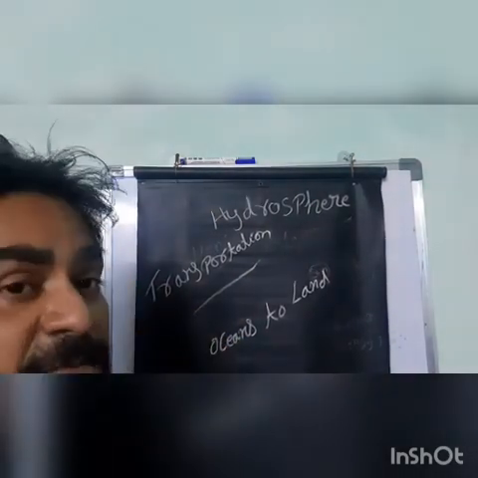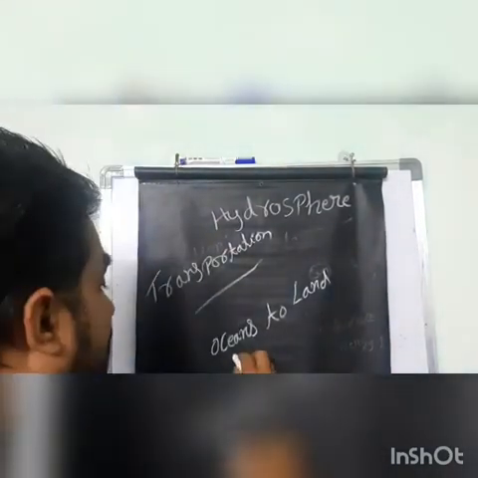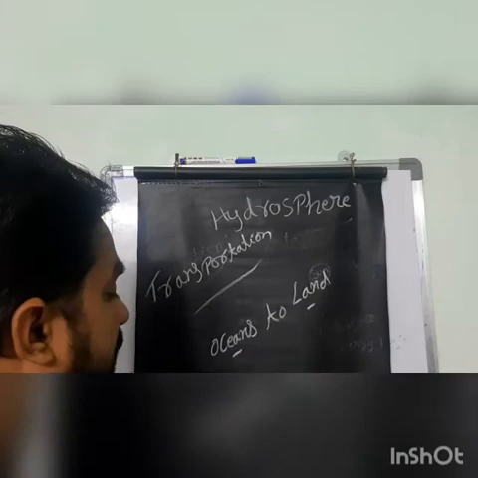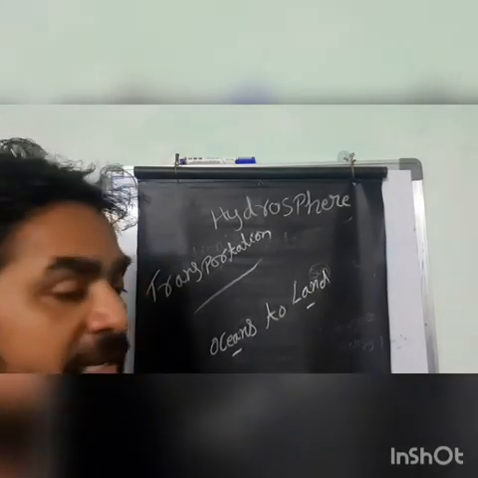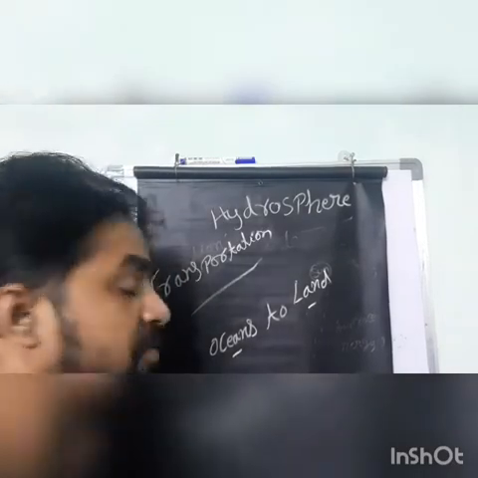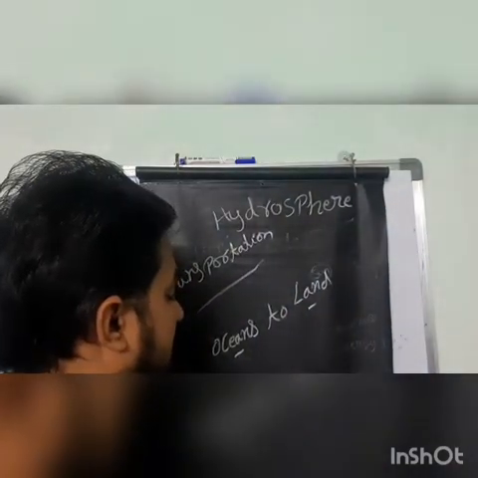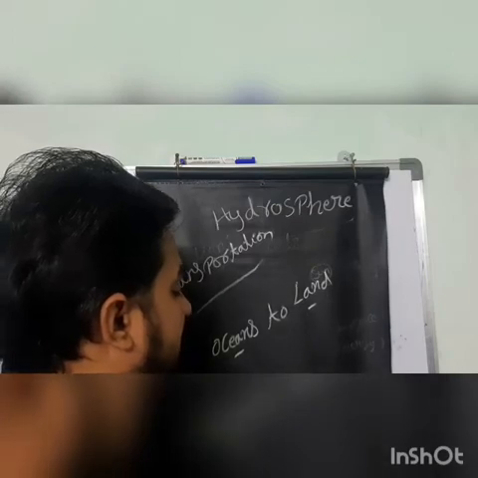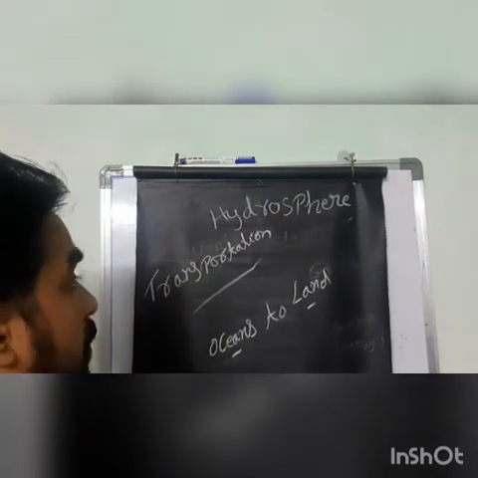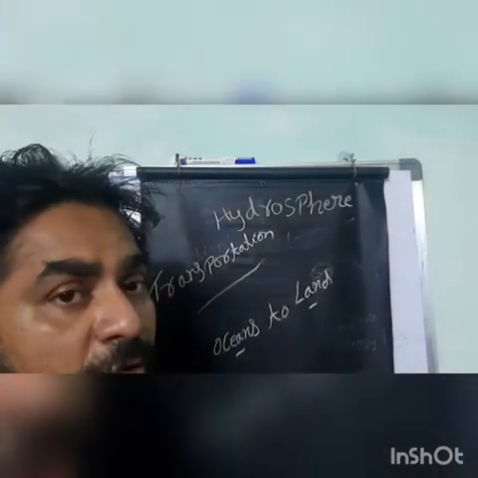We know that the maximum percentage of the earth is covered with water, which is found in the form of oceans or seas. So maximum evaporation takes place in the region of oceans only.